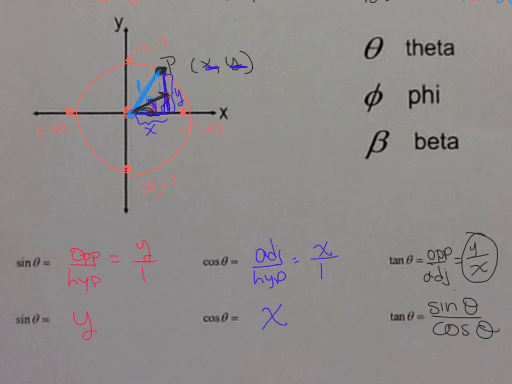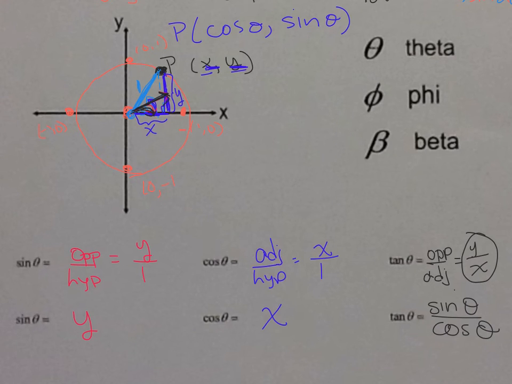So this here is an identity. You have to know that identity. You have to know that tangent is equal to sine over cosine. All right, so now back to this. My x is equal to cosine. My sine is equal to my y value. So therefore, this point P, which is (x, y), has x as cosine theta and y as sine theta.